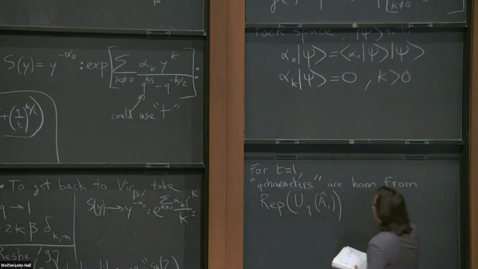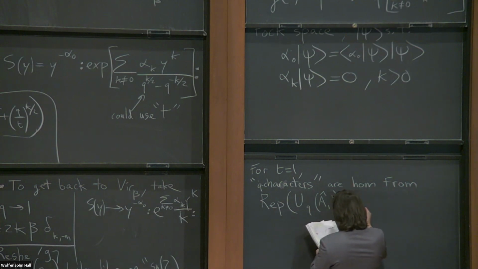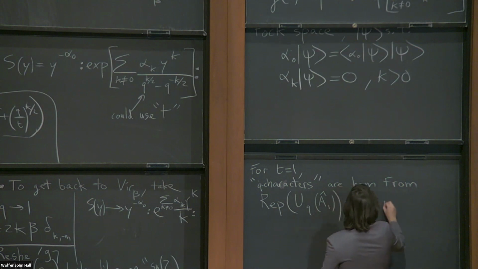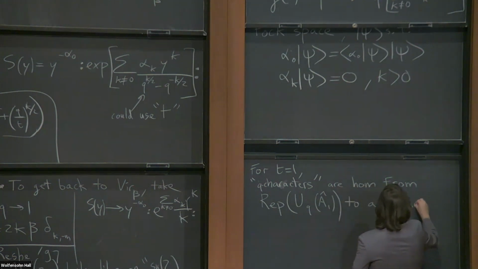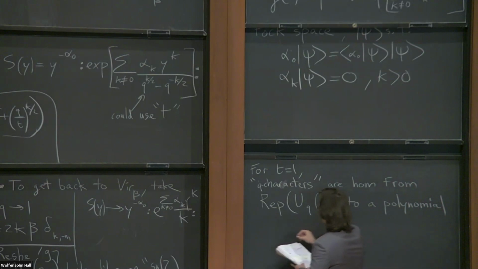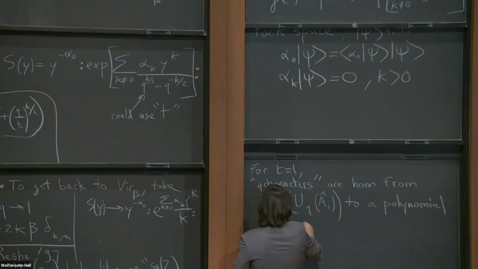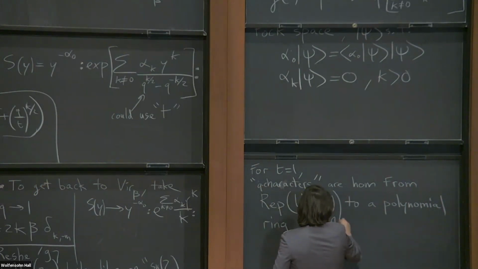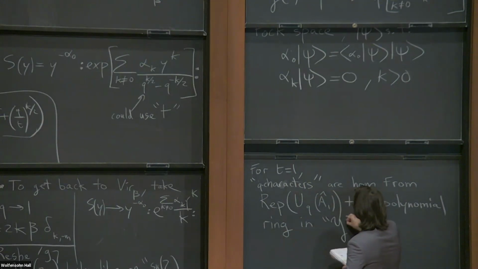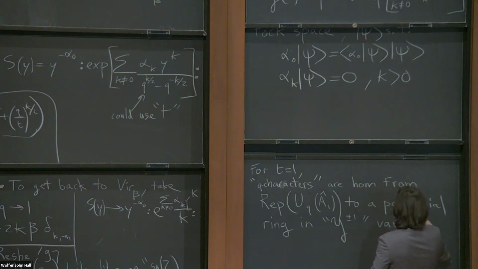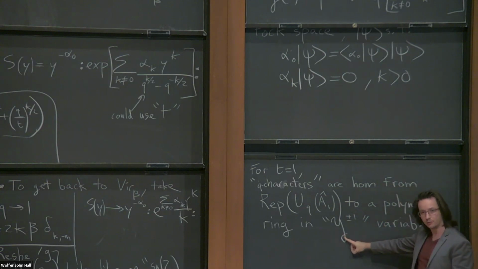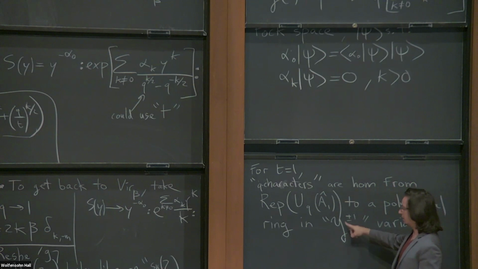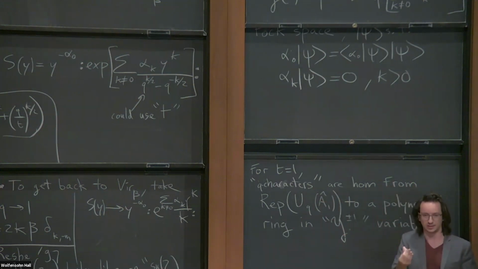So q-characters are homomorphisms from the representation ring of this funny looking quantum algebra to a polynomial ring, some Laurent polynomial in Y variables, to say it simply.